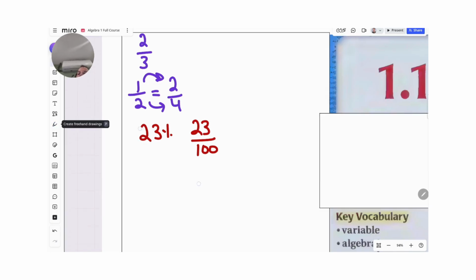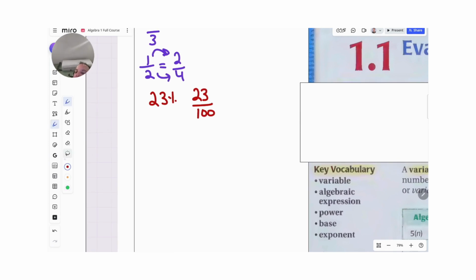Now let's take a look at adding fractions with different denominators. For example, we have 2/3 plus 3/5. So we need to have the same denominator. We're trying to get a common denominator so that we can simply add our numerators straight across.